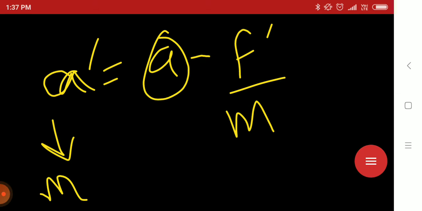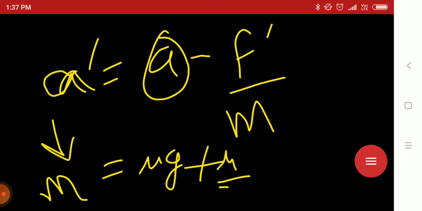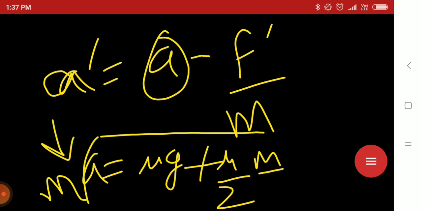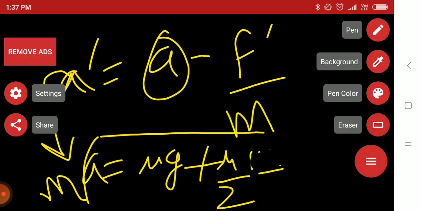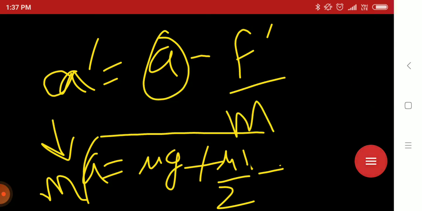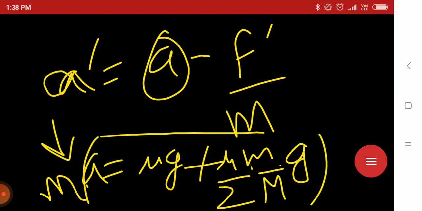We have got A equals mu g plus mu by 2 small m by capital M into g. We have got this acceleration of the capital M mass.